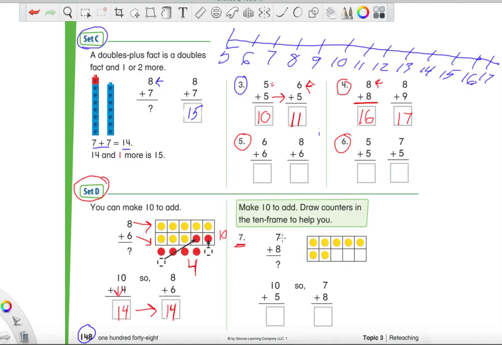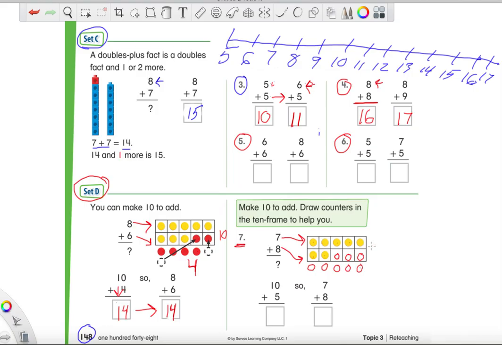So our top number is 7, and we can see that we have 7 yellow dots. 1, 2, 3, 4, 5, 6, and 7. And now we need to draw 8 more dots, starting at this bottom row. So go ahead and draw with me. 1, 2, 3, 4, 5, 6, 7, and 8.